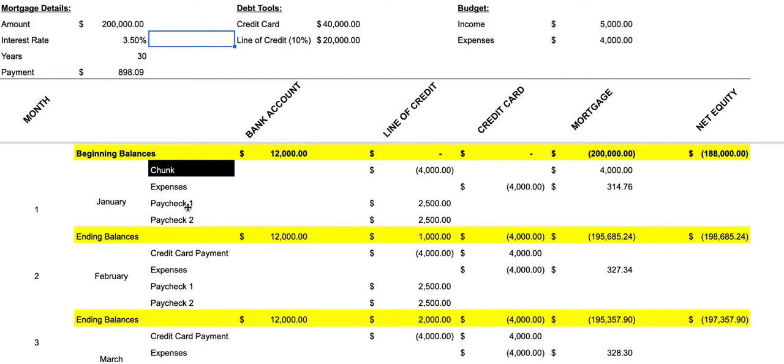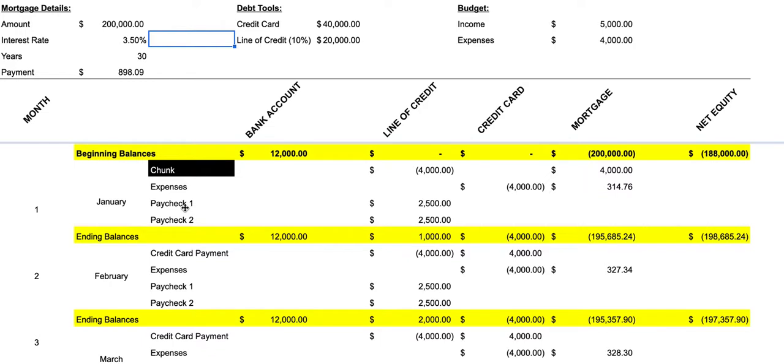And now when your first paycheck comes in, you're going to put that directly towards the line of credit. You're not going to put it in the bank account, right? You're going to put it towards the line of credit. So this is what's going to keep your line of credit balance low. So let's say you had a negative $4,000 balance for like 15 days, right? January 1st through January 15th.